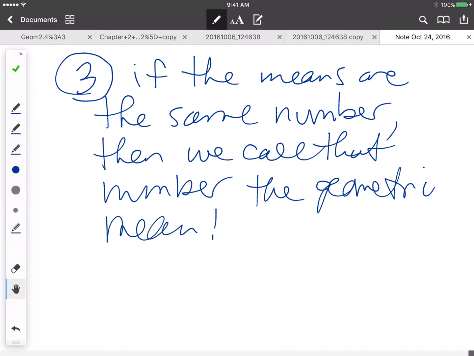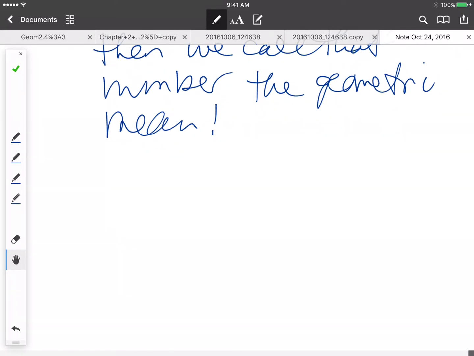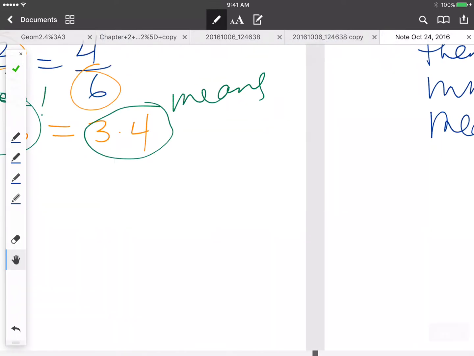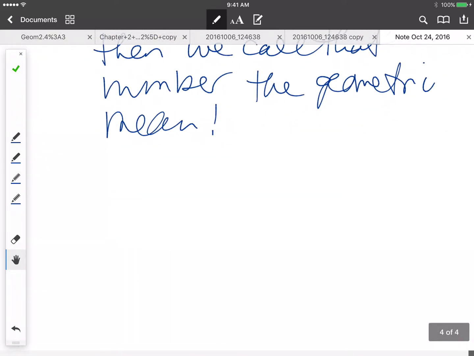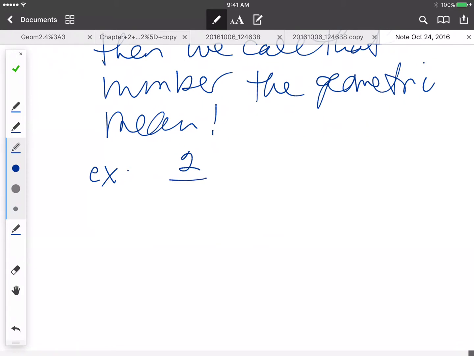Very cool. What does that mean? So again, let's think about an example. 2 relates to x the same way the same number x relates to 8.